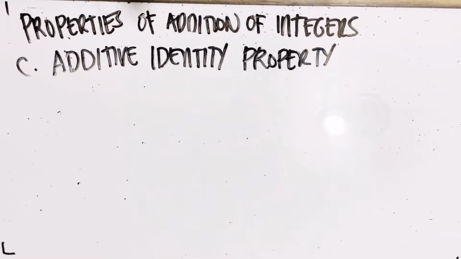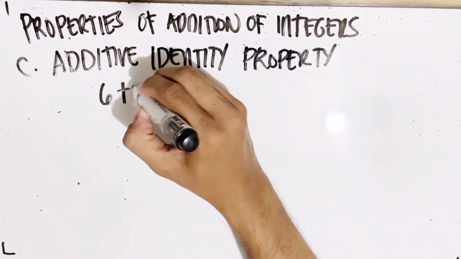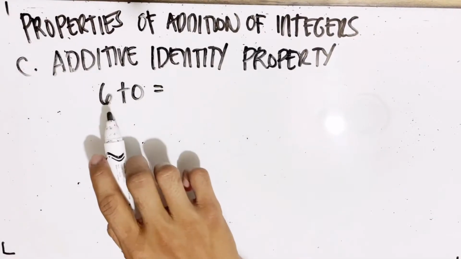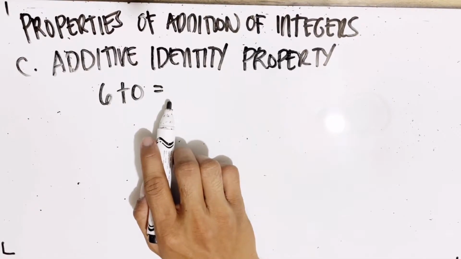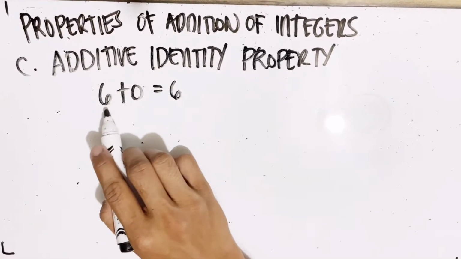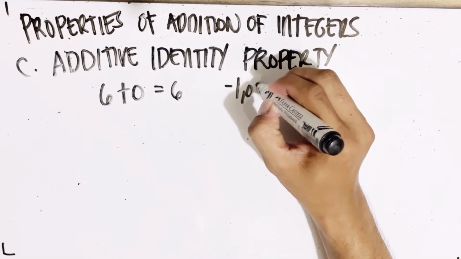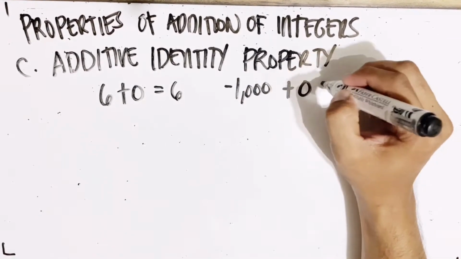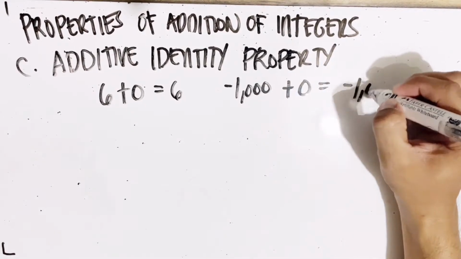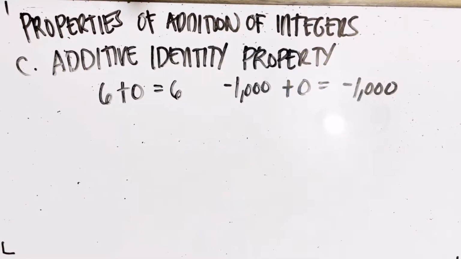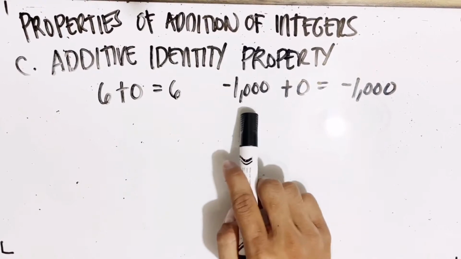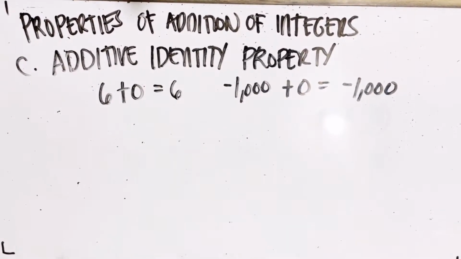So, any number that is being added by 0, that number will not be changed. Example, 6 plus 0 is equal to 6. So the number 6 will not be changed. Other example, negative 1000 plus 0 is equal to negative 1000. Still, the number will not be changed if it is being added by 0.